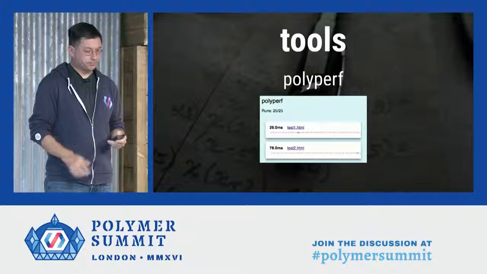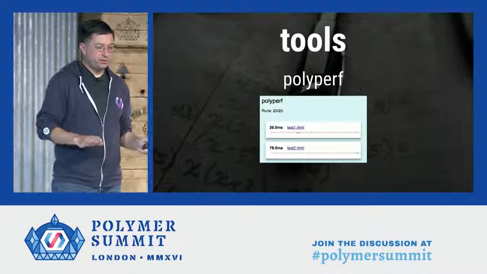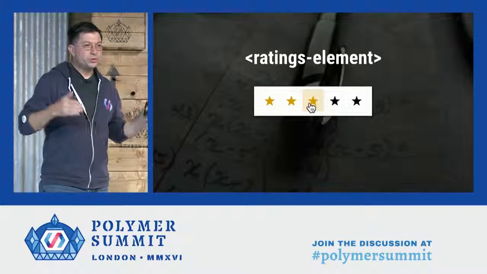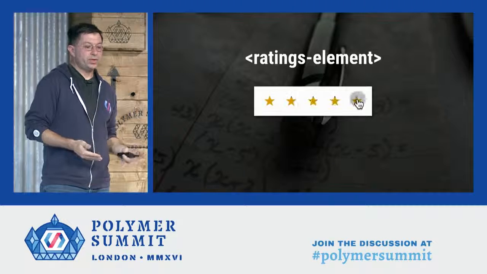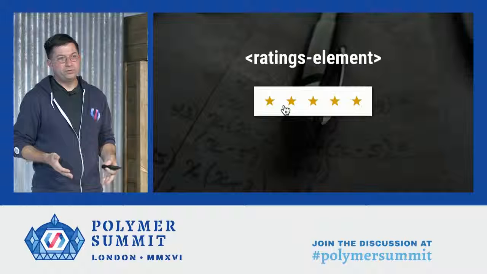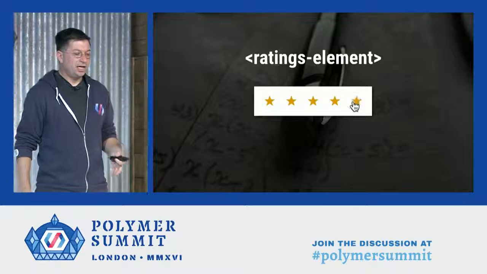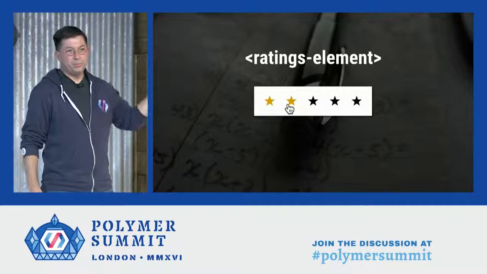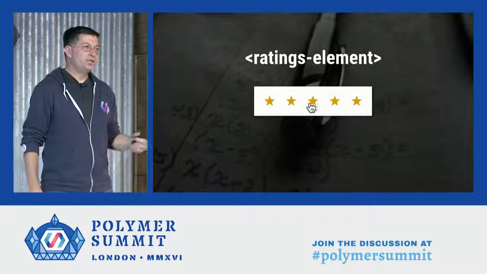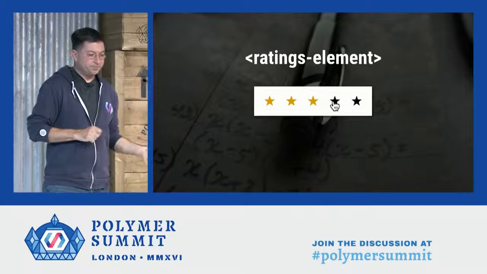OK, so as a final thing that we'll do in this talk, let's go ahead and do a case study of trying to reduce the cost of an element. And here we've taken a ratings element, which is just something I made up for this. And it's an element that you can use to maybe show a movie rating on your site, and you've decided to implement, you can click down on it and select the rating.